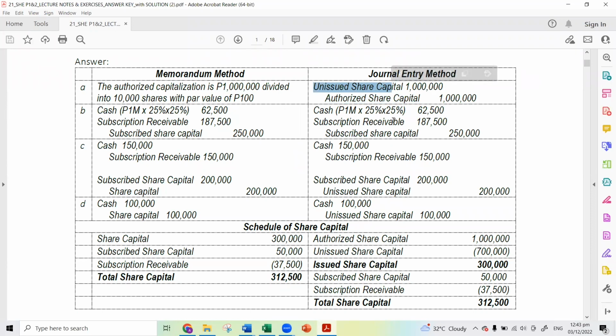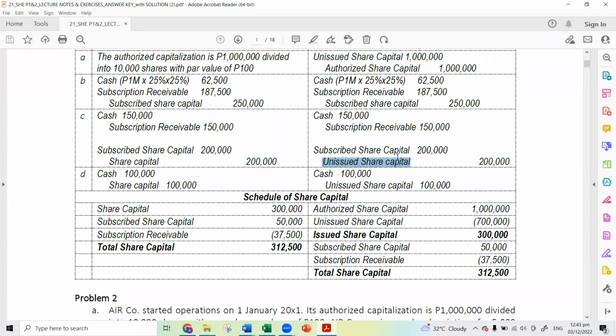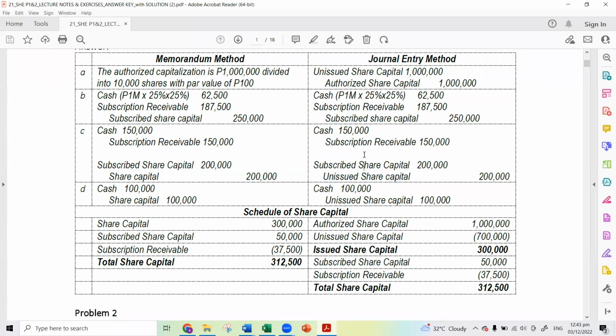And the subsequent issuances are credited to unissued share capital, okay? So the difference between these two accounts represents the issued share capital, no? The difference between the two accounts represents the issued share capital.